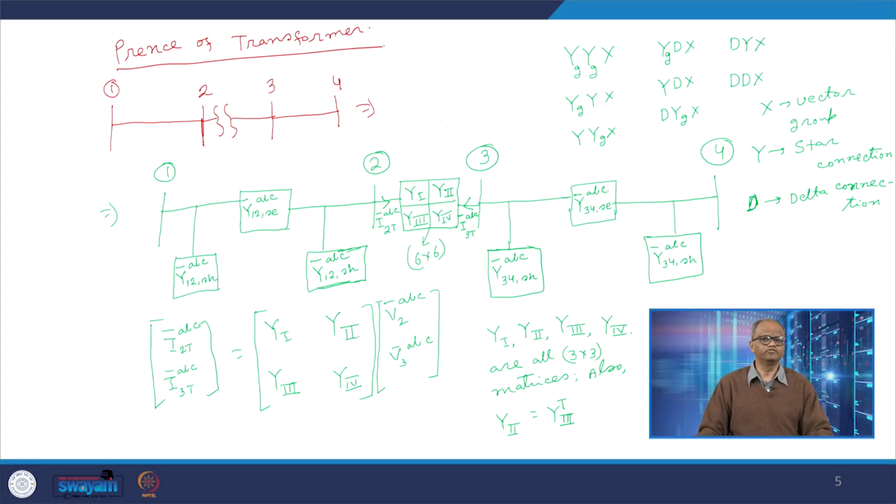And similarly, if both sides are delta connected windings, then also the value of x would be an even number, and those numbers would be 2, 4, 6, 8, 10, 12. Of course this value of 12 is equal to 0, because x means that the angular difference is x times 30 degrees. So all these things we have seen.